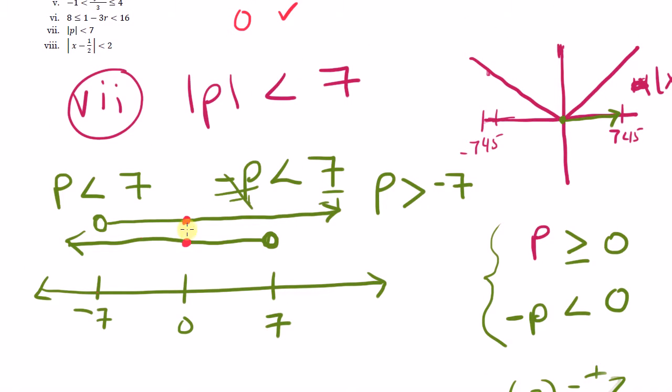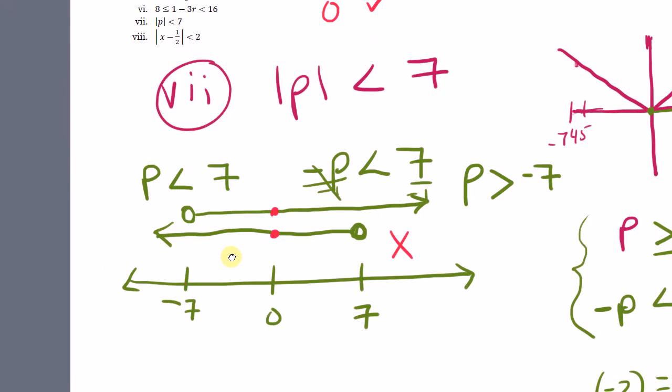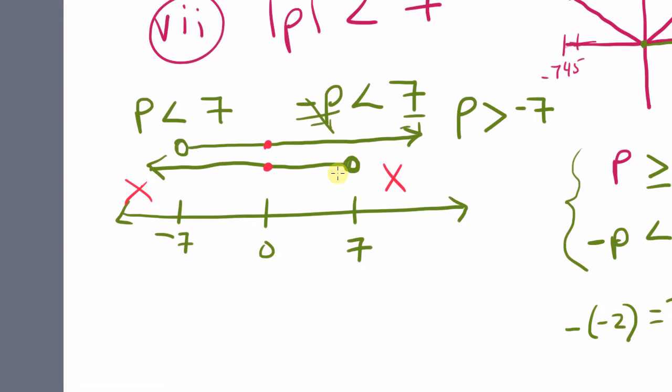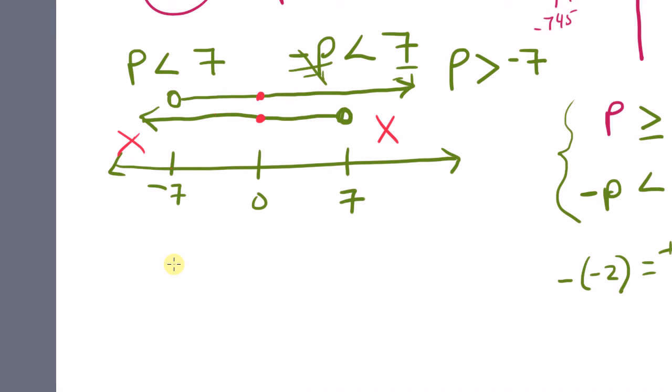Yes. So that works out. Let's go over here. 8. Absolute value of 8. Is that less than 7? Nope. Doesn't work out. And the absolute value of -8. Does that work out? Absolute value of -8 is 8. Is that less than 7? No. So values over here don't work out. So our graph of the solution looks accurate.